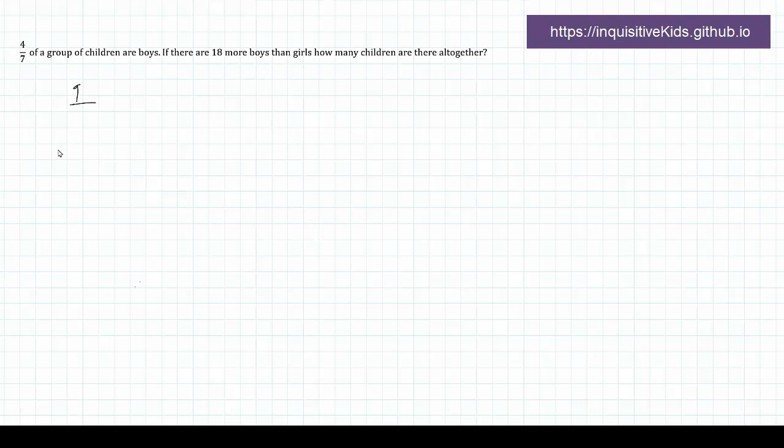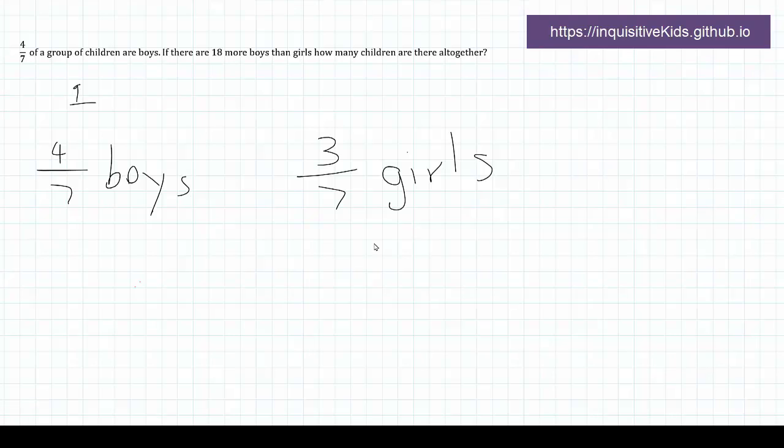Okay, so if 4/7 of the group are boys, then the rest, which is the 3/7, must be girls. Do you see how the difference between 4/7 and 3/7 is 1/7?